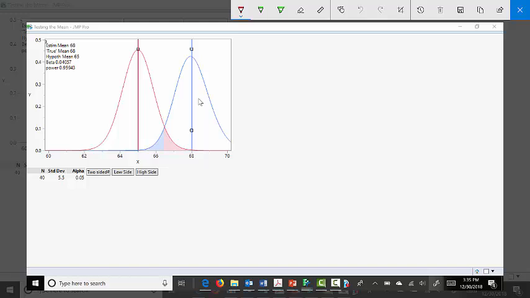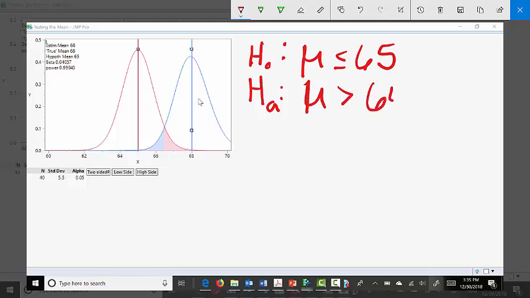So we're going to test whether the hypothesized mean, which is 65, maybe with a one-sided test, to test whether the mean is actually greater than 65. Sorry, 65, not 64. The red distribution is the hypothesized mean, and the blue distribution is the true mean. There's actually the estimated mean in here too.